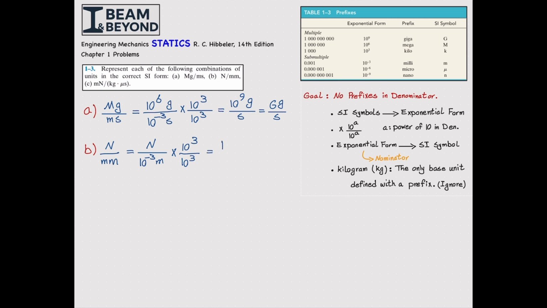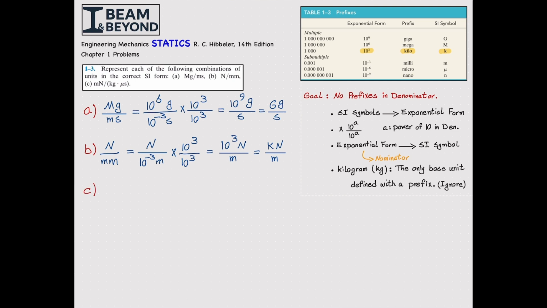This will give us 10 to the power of 3 Newton per meter. From table 1-3, 10 to the power of 3 is kilo. So we'll have kilonewton per meter. Let's move to part C.